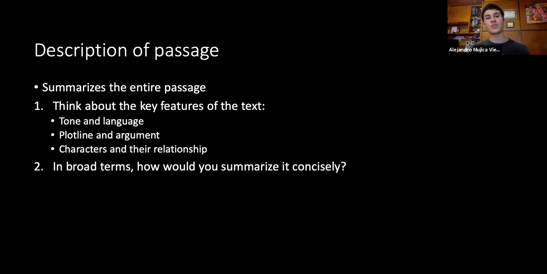Think about the key features: tone, language, plot line and argument, and characters and their relationship to one another. In broad terms, how would you summarize it concisely? So, in my plot description, I would say a surprising request from one character to another.